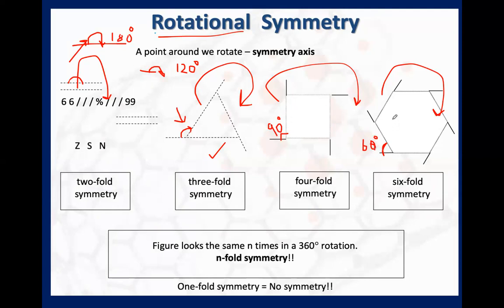It will give you exactly the same shape, right? So depending on this angle, the symmetry is defined for each object, right? So this angle is important. This is 180, this is 120, this is 90, this is 60.